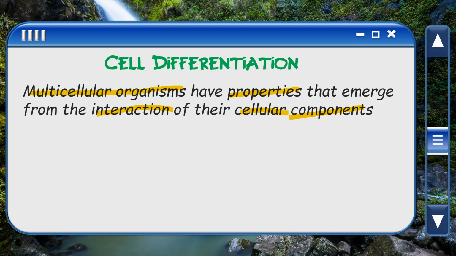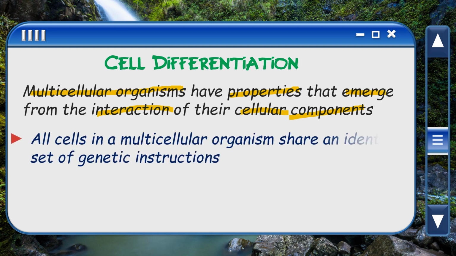Now, the property of that multicellular organism comes from the emerging interaction of the individual cellular components. Now, we see that all cells in a multicellular organism share an identical set of genetic instructions.